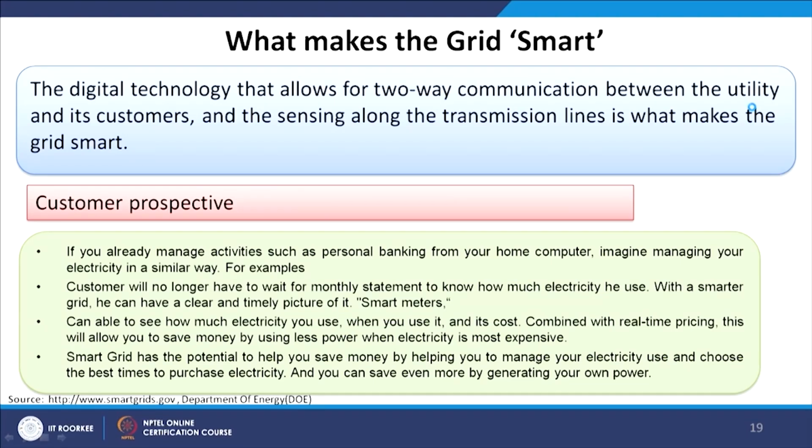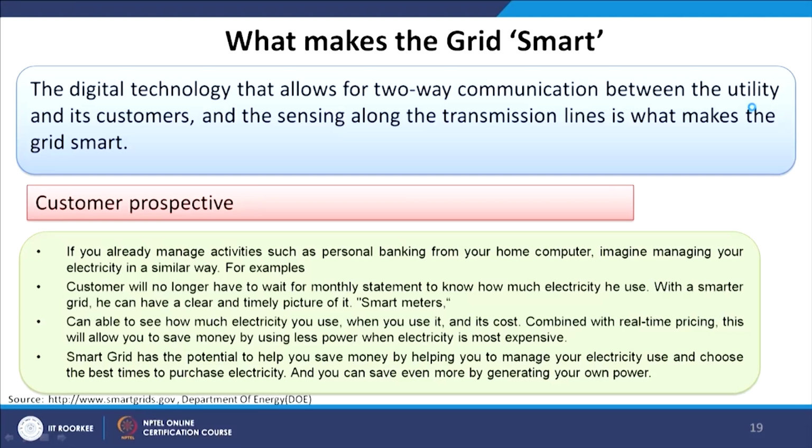With a smarter grid, he can have a clear and timely picture of it through smart meters, able to see how much electricity you use, when you use it, and its cost.